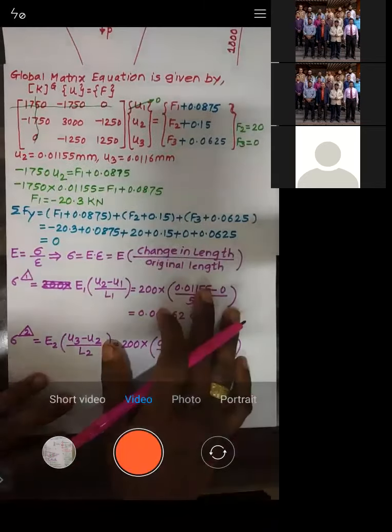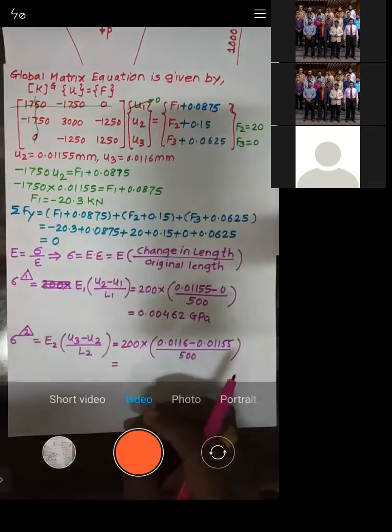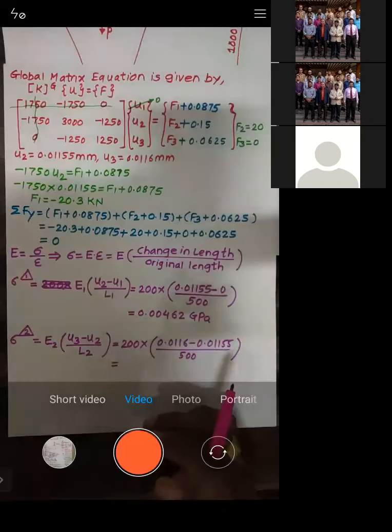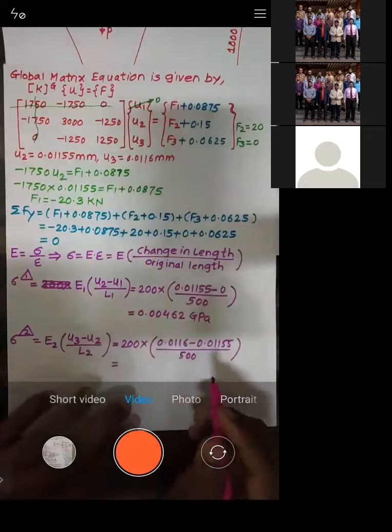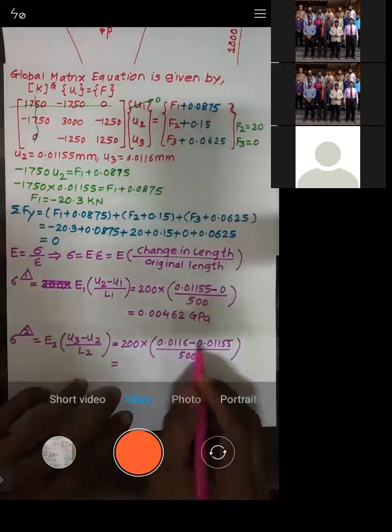You just do this calculation and let me know what value we're getting. How much is it? You're getting this value. See, this term will obviously be minus, because this is lower minus.